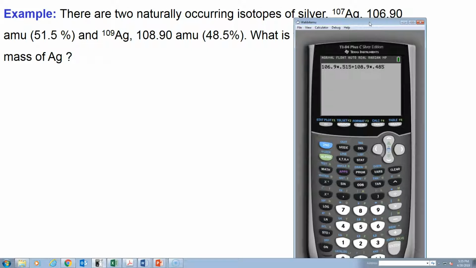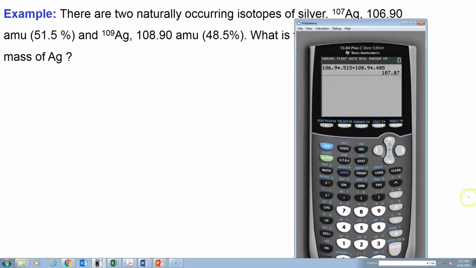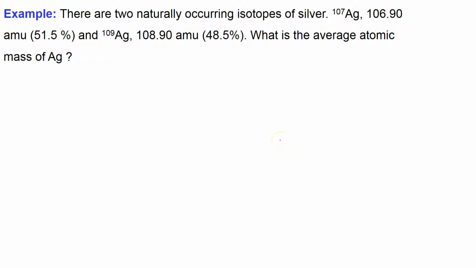And I'm expecting that my answer will be halfway in between those two numbers, so it should come out to be about 108. And what I got, 107.87. So I feel pretty happy about that.